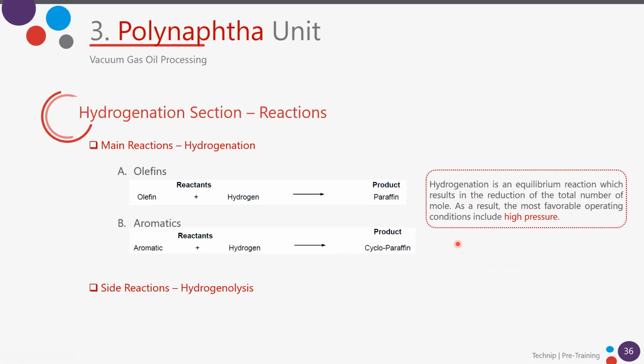It's also something we have discussed in all these sessions: if you have 1 mole of olefin and 1 mole of hydrogen, you will produce 1 mole of paraffin, so you will favor the reaction if you have high pressure, okay? Because you are decreasing the moles in the reaction.